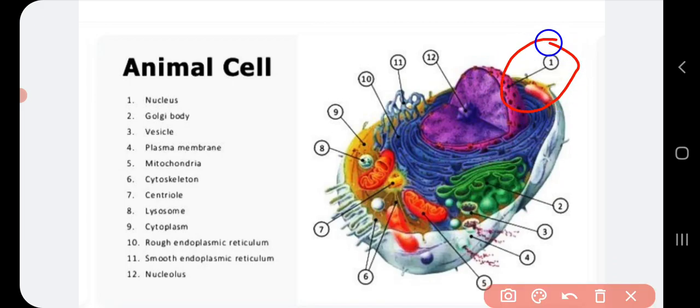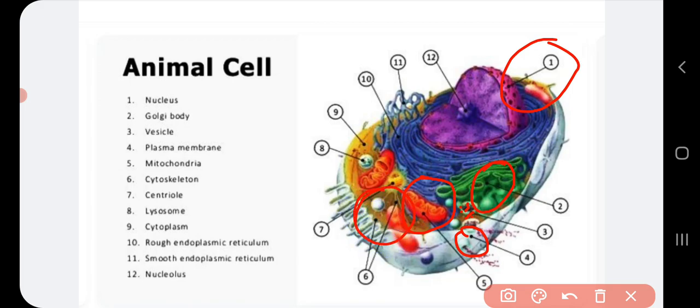In the picture, this is the nucleus and these are the Golgi bodies. The vesicle is this one, I dotted here. Plasma membrane means this fourth one. Mitochondria, the fifth one, is the orange structure, and the sixth one is the cytoskeleton.